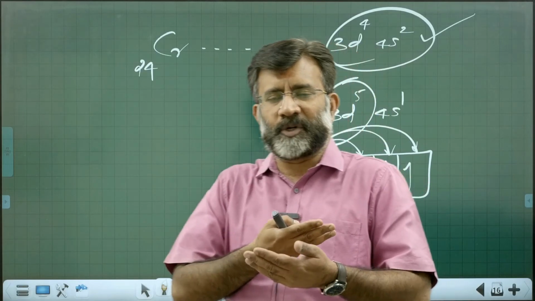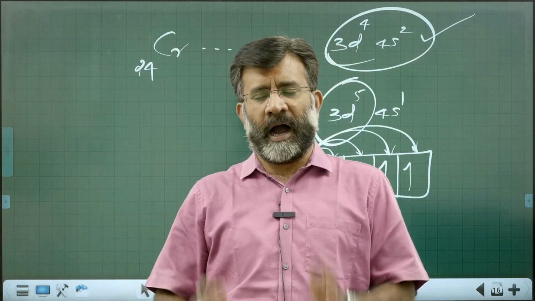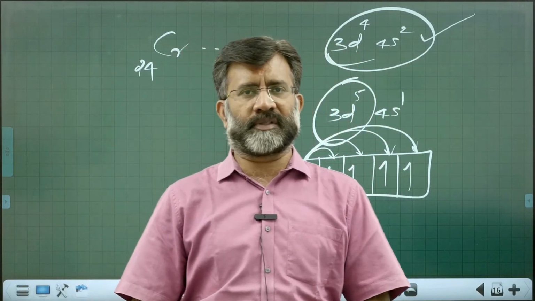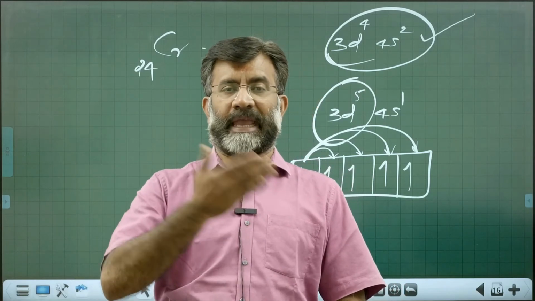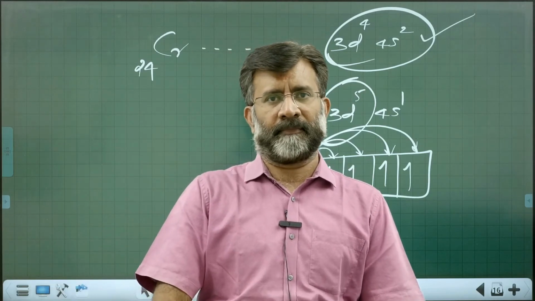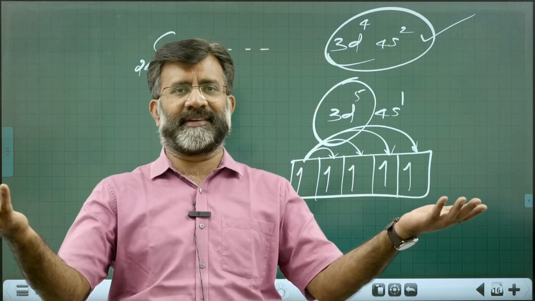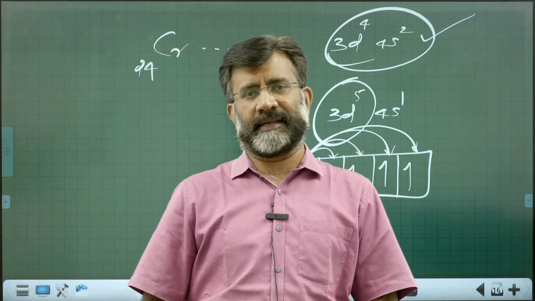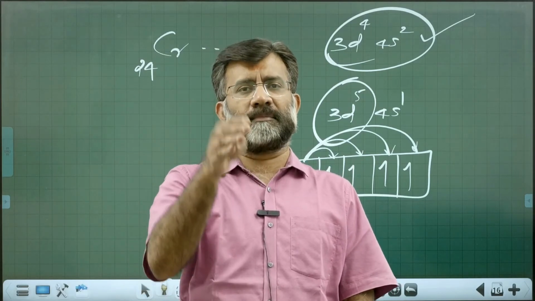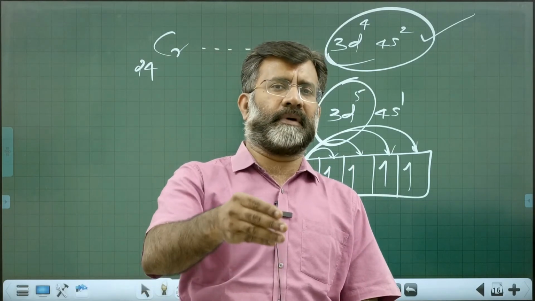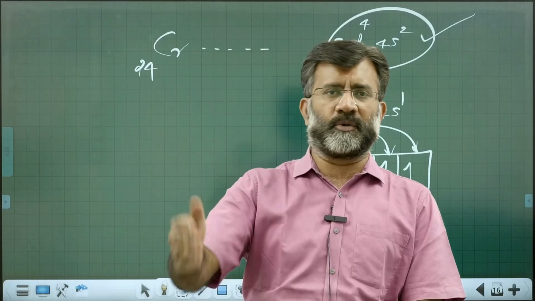It's able to make 4 exchanges. So half-filled and completely filled systems are more stable due to exchange energy. Right? Or there is another theory, symmetric configurations are stable. So exceptional configurations, mainly noticed in D and F block elements, you need to go through.